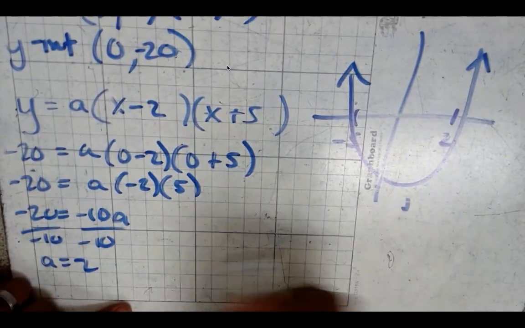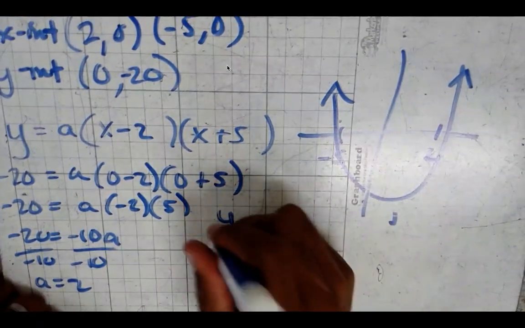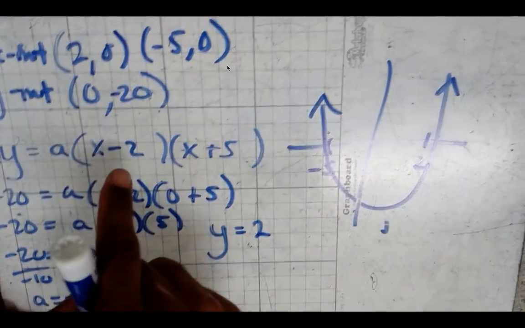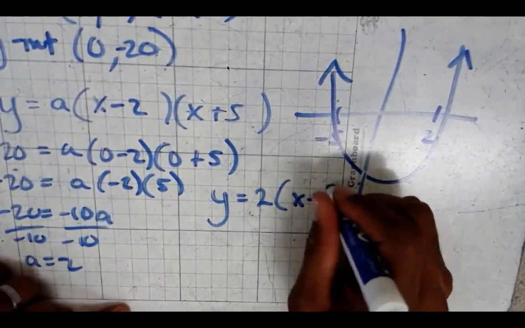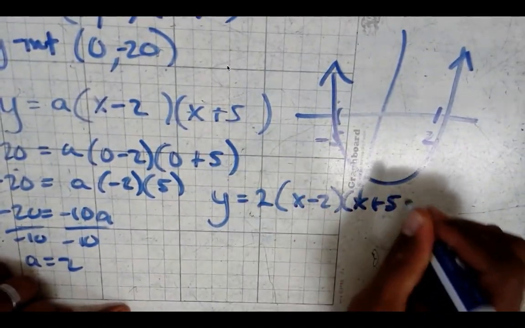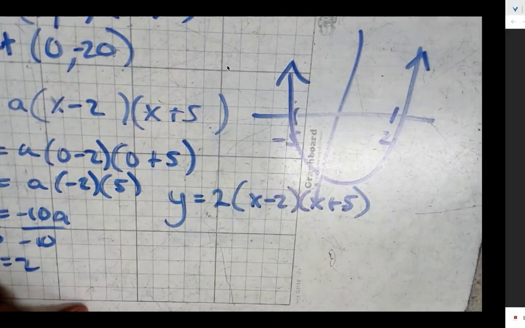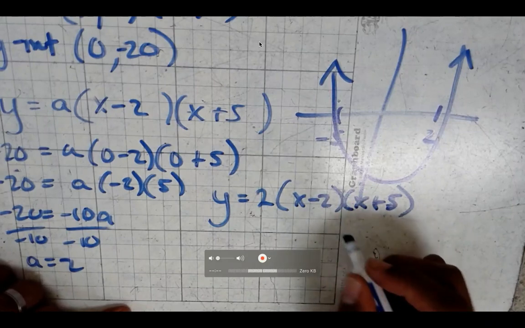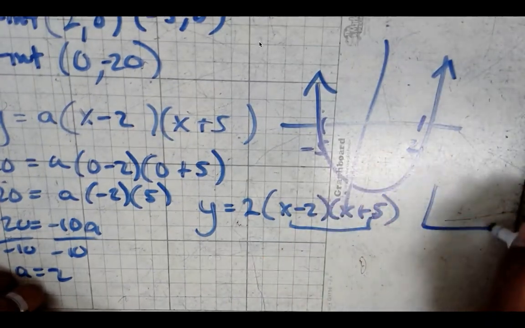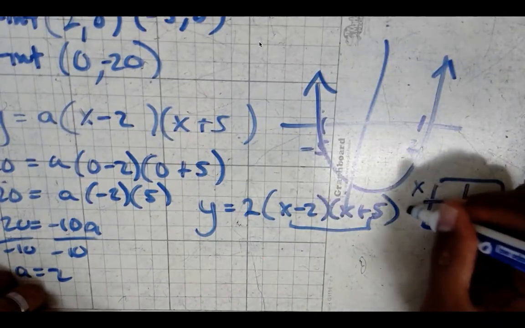Okay? So now all I have to do is plug in that a value right here into the equation. So 2 times x minus 2, x plus 5. But it also asks you to put it in standard form. To do that, first I multiply this part, and I'll do that by using the box.